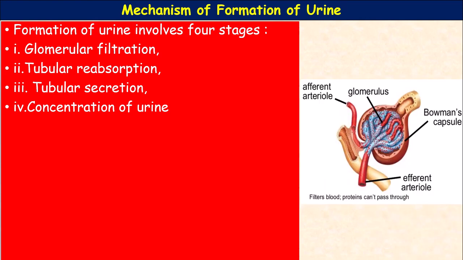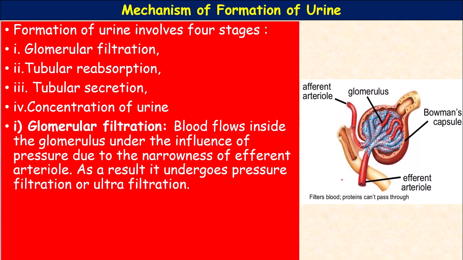So first, this is the filtration of blood. As I told you, the kidneys are the main blood purifying organs. Our blood gets purified, filtered in the kidneys. Glomerular filtration.